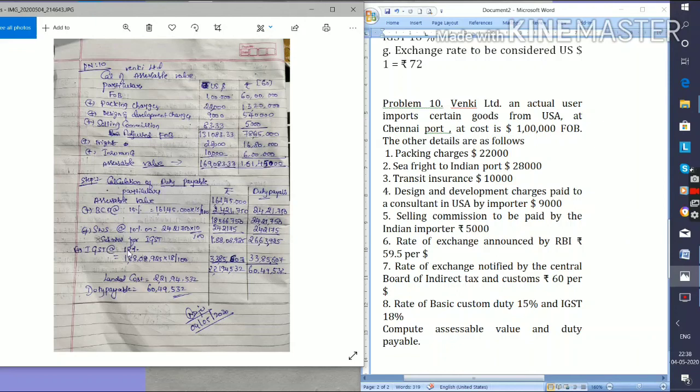Add IGST at 18% on this amount, you will get 33 lakh 85,607. Again here 33 lakh 85,607. Add these two, you will get duty payable. Add these two, you will get the landed cost.